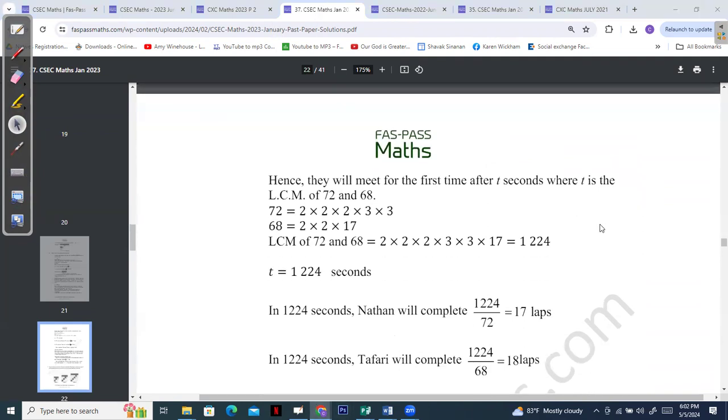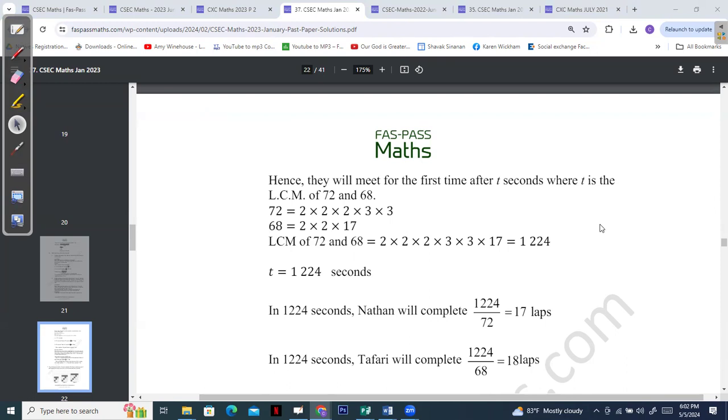That's why I came here to show you about the LCM. I was just too tired to write all of this out, to be honest. I just wanted to show you what this is showing.